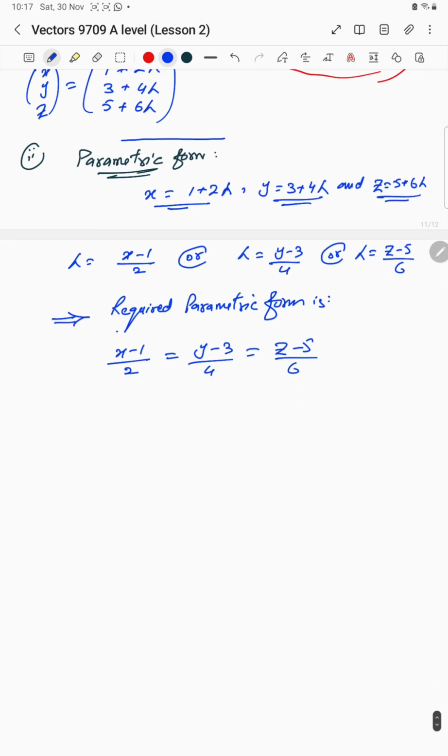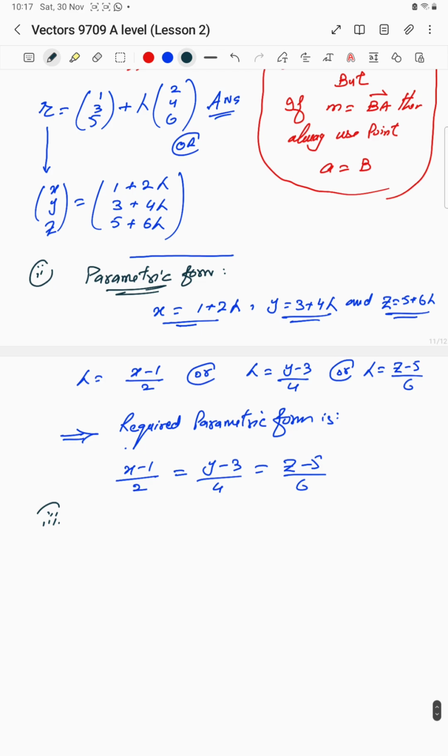Now the third case is about the Cartesian form. Number 3, Cartesian form. From parametric to Cartesian, we got it together. Parametric form is this, and this was the Cartesian.